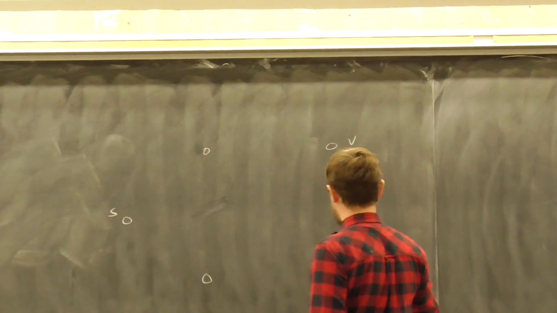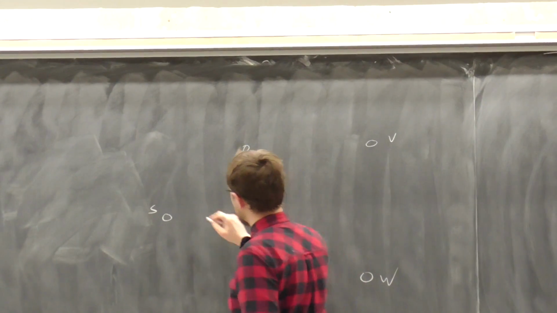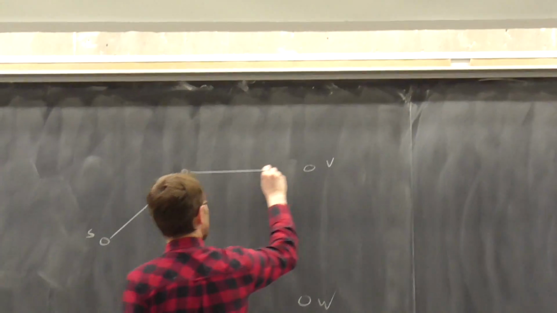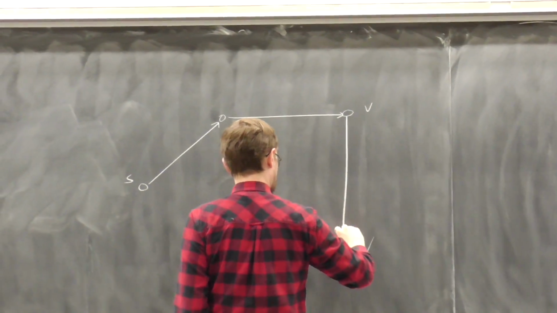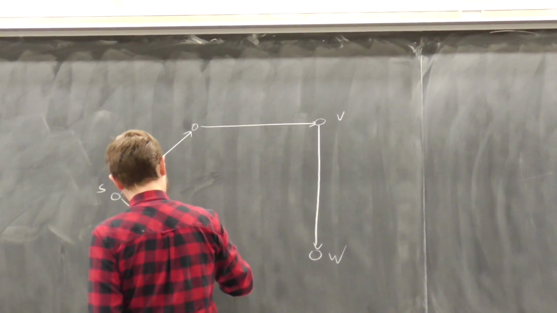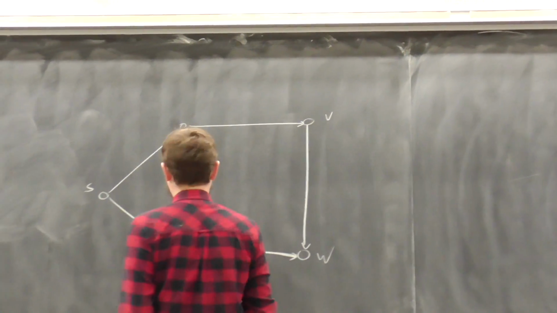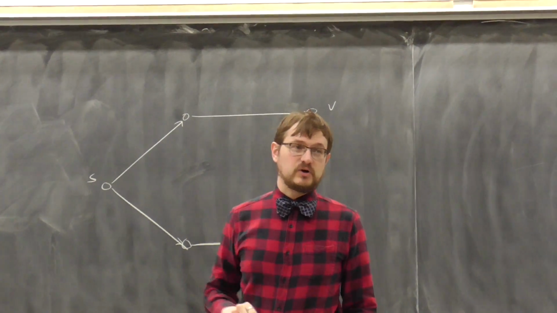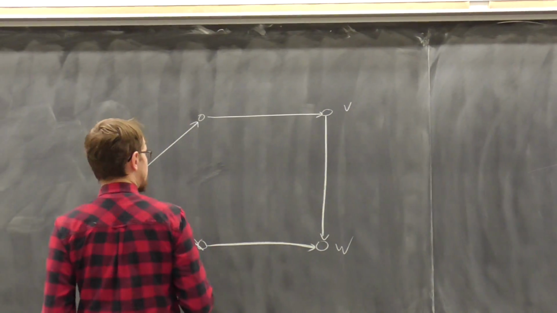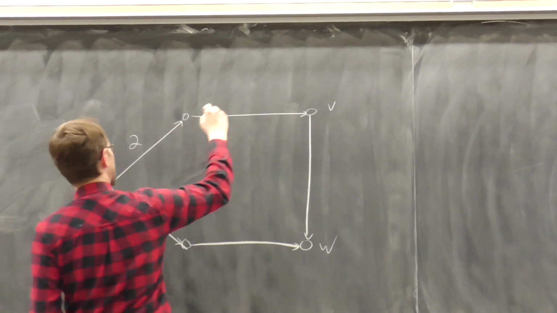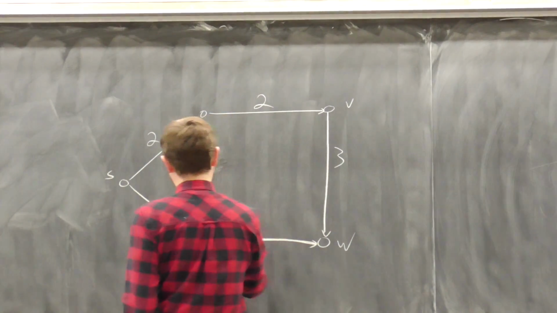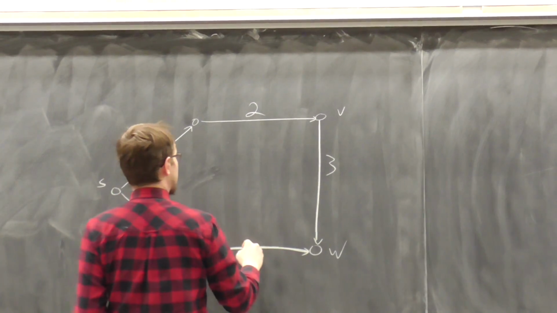This will be S, this will be V, this will be W. This is a very simple example meant only to illustrate this particular property we're talking about. So let's say we've got 2, 2, and 3, and then 4 and 7.